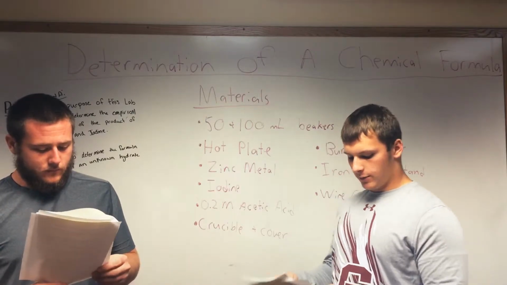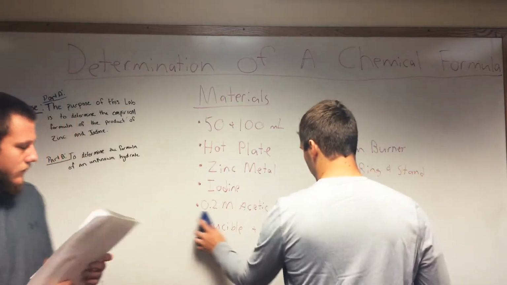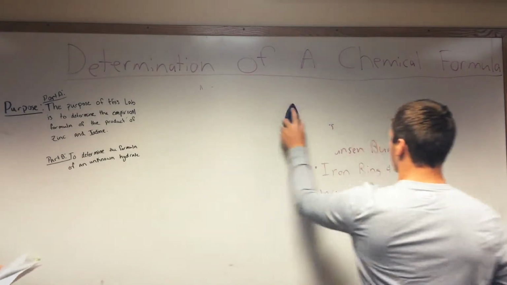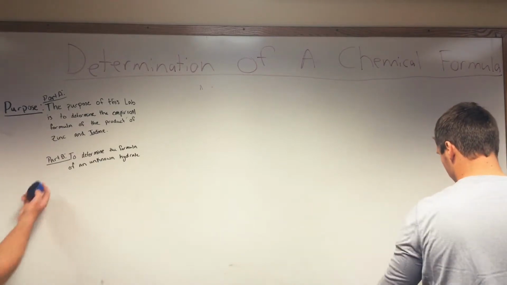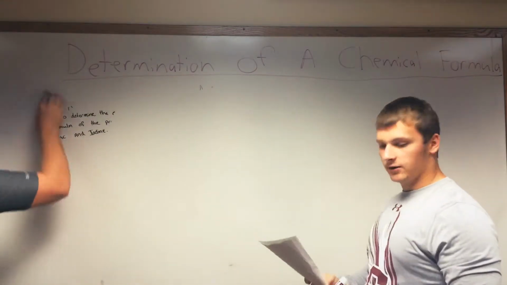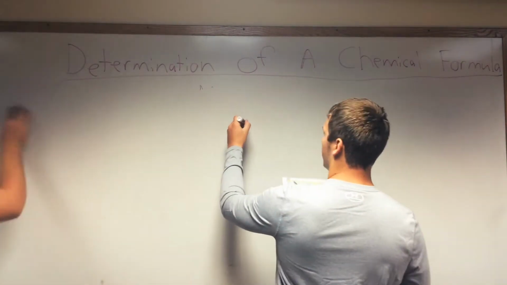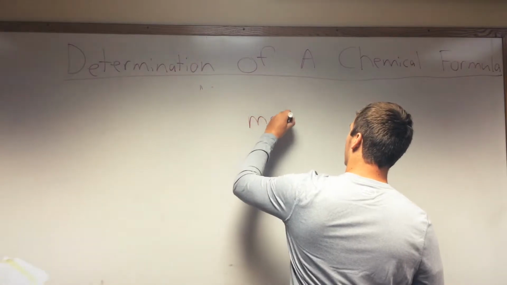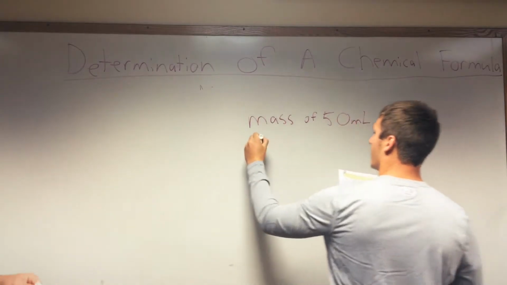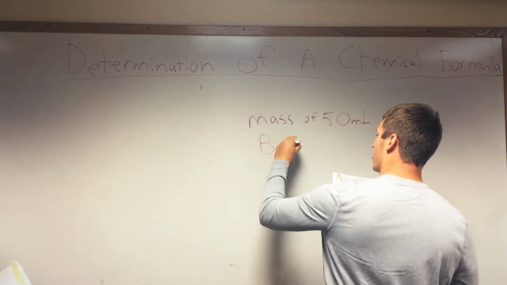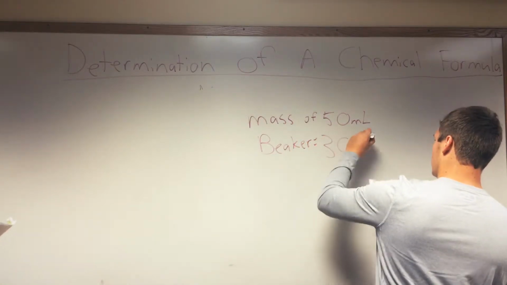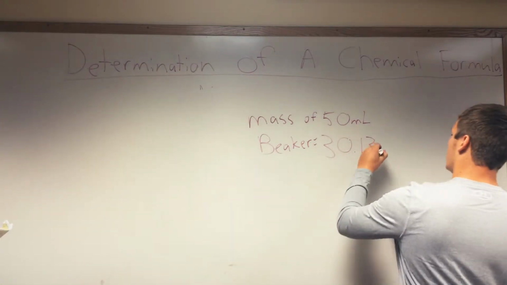Alright, so at the beginning of Part A, we had to find the mass of the zinc, so we had to get the mass of the 50 milliliter beaker, and we ended up with 30.13 grams.